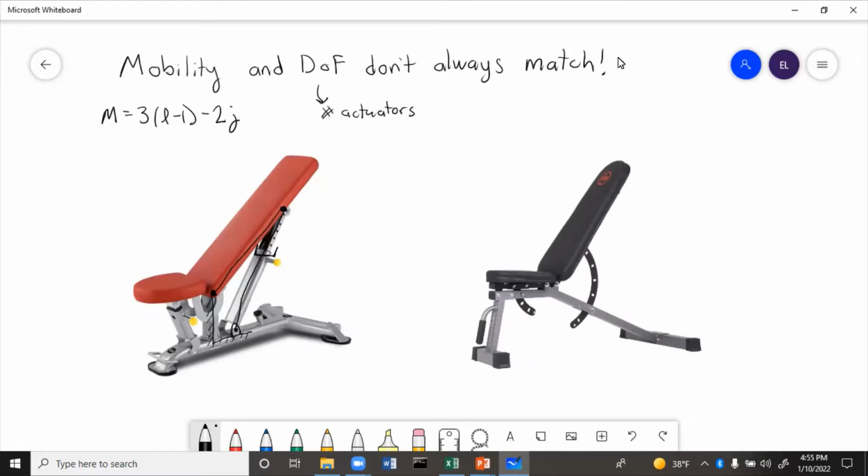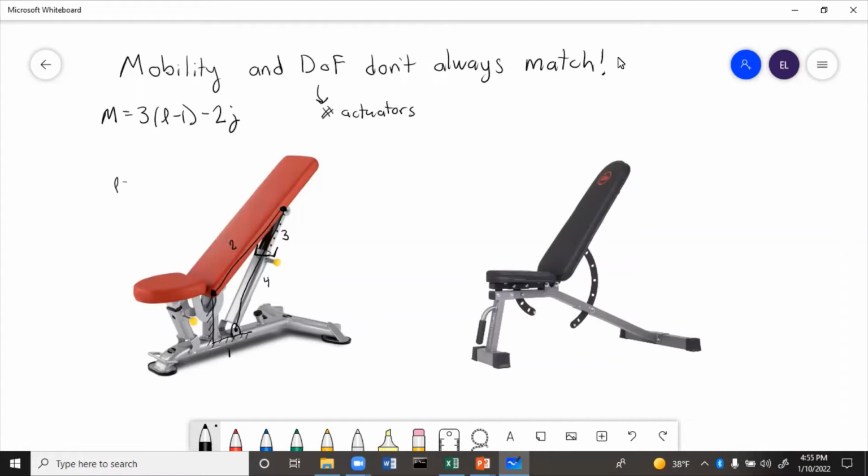So let's count up. For links, ground is all one. We have 2, that's the seat back. And then this extending rod is going to be 3 and 4, because there's a socket of the rod and there's the actual part that extends out, similarly to the way a pneumatic or hydraulic cylinder would work.